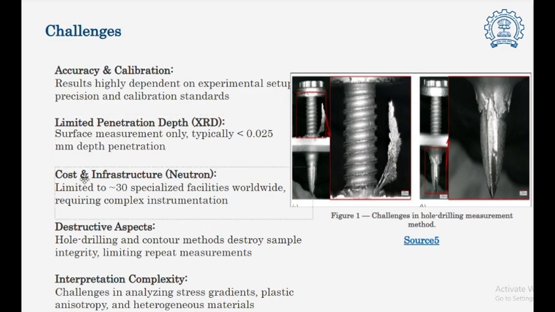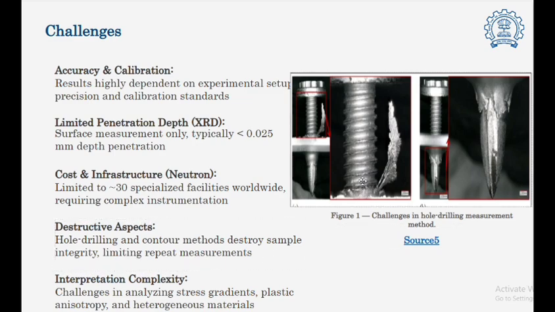Then comes the next challenge, the cost and infrastructure challenge in the neutron diffraction method. There are hardly 30 specialized neutron diffraction facilities worldwide, so this is very complex too, which makes it very costly. Then our next is destructive aspects. This mainly happens in the hole drilling and contour methods, whose destructive nature destroys sample integrity and limits repeat measurements.